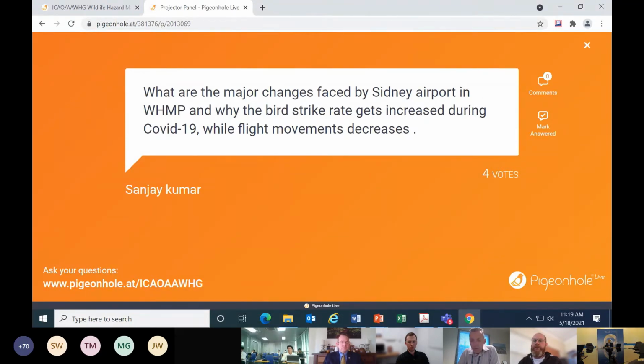Because there was the presence of a lot more aircraft pre-COVID, one of the challenges we faced was that when there was a significant reduction in the number of aircraft, we found that birds become a little bit complacent.